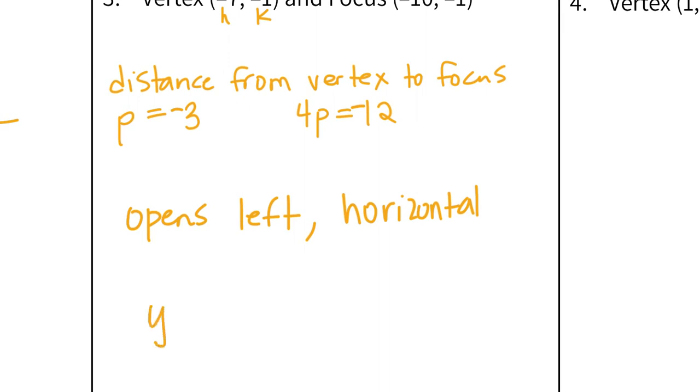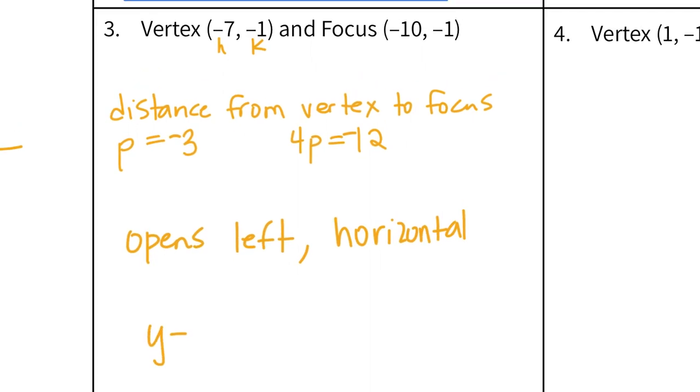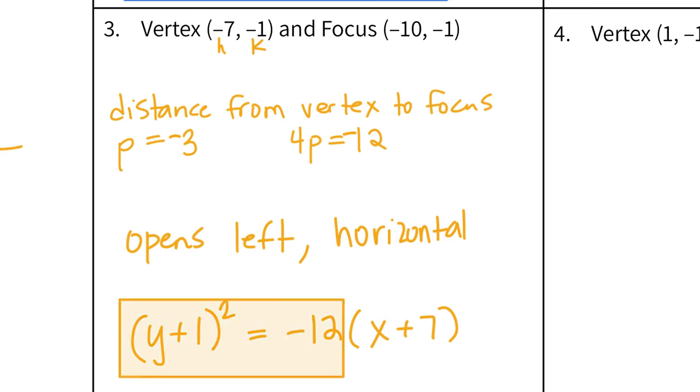So y minus k is -1, so this will be a +1, squared equals our 4p, which is -12, times the quantity x minus h, so +7. There's our equation for a parabola that has a vertex at (-7, -1) and a focus at (-10, -1).